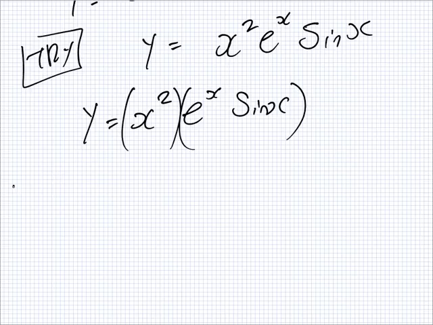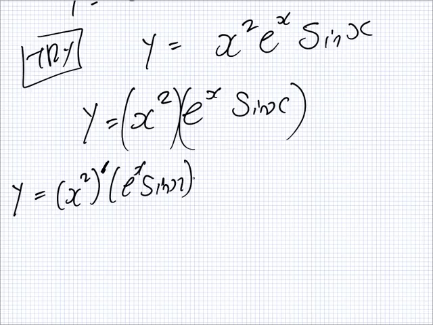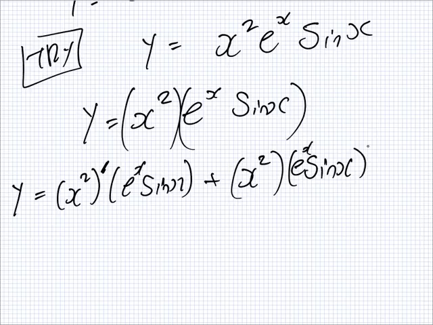So the rule is, differentiate the first one, keep the second one the same, plus keep the first one the same, and then differentiate the second one, which is ex here. Now this is fine, and this is fine, and this is fine, but then what happens here?